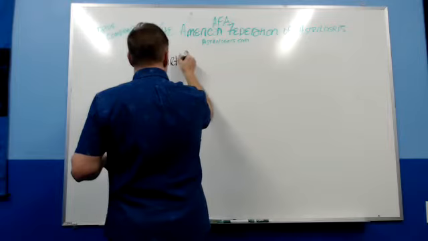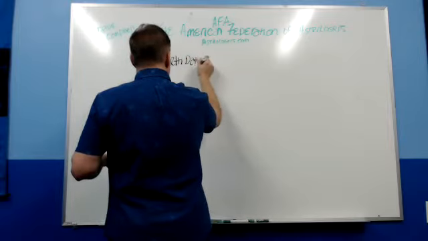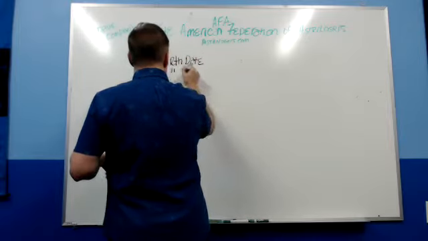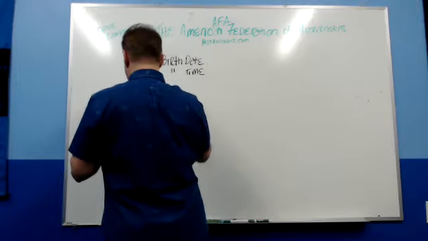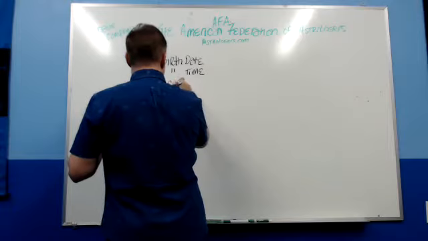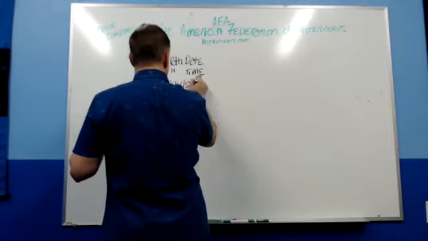The first things we'll need are 3 things you must have: the birth date, the birth time, and the city, state, and/or country.